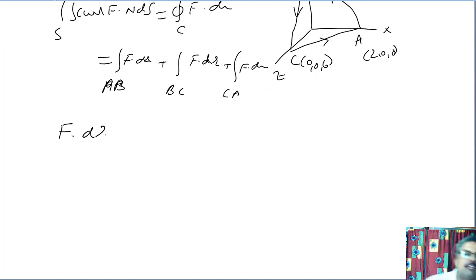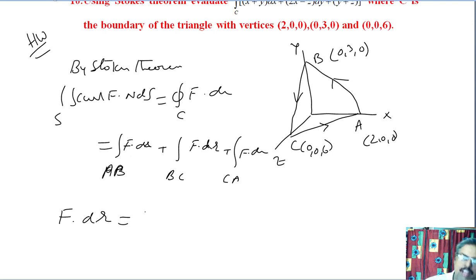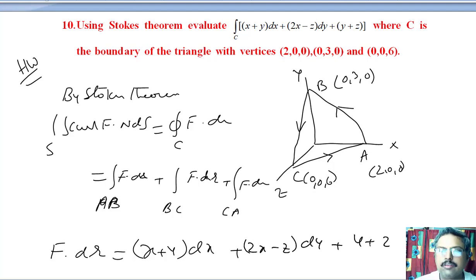F dot dr equals, dr is known, so x plus y dx plus 2x minus z dy plus z plus x y plus z dz.